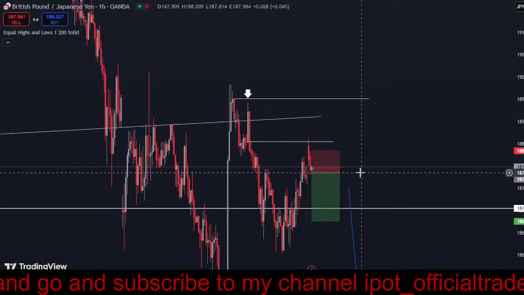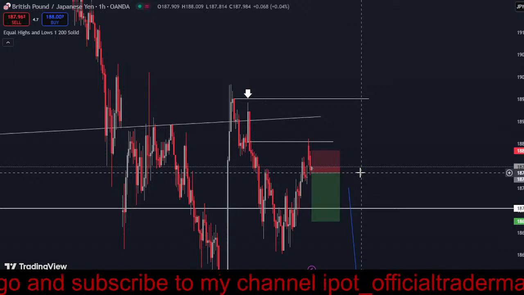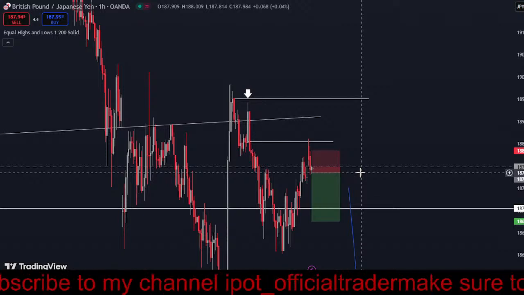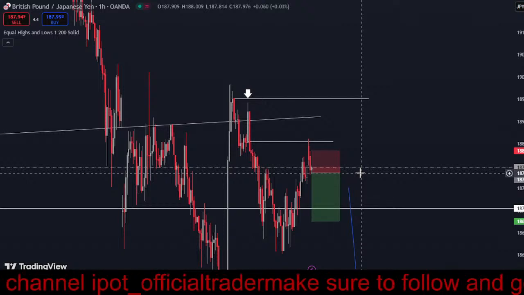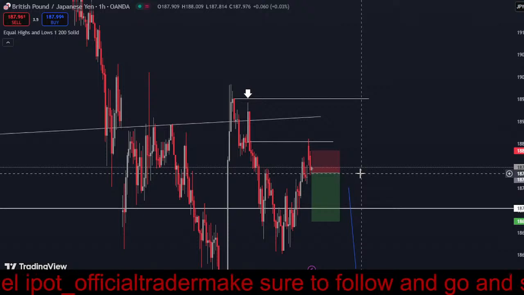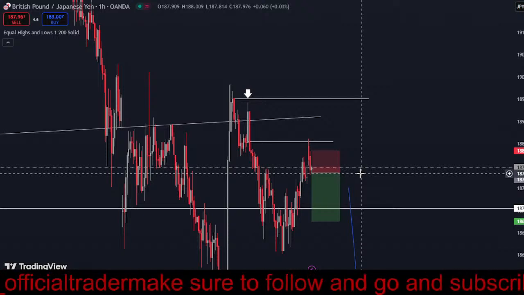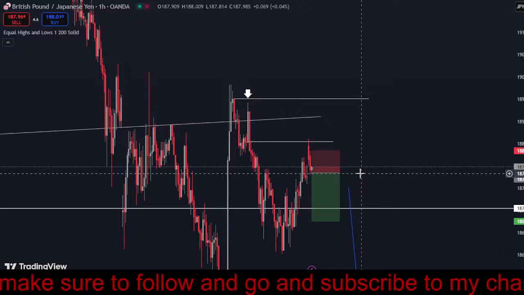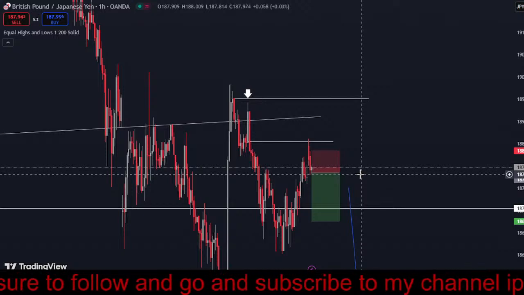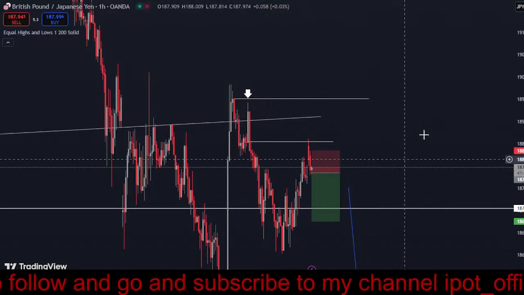So on a 0.01, the total risk is somewhere around 59, which is basically around $2 or $3 on the whole entire trade.